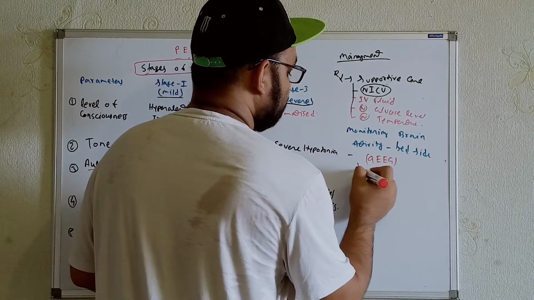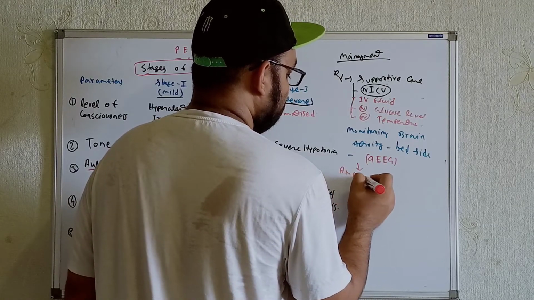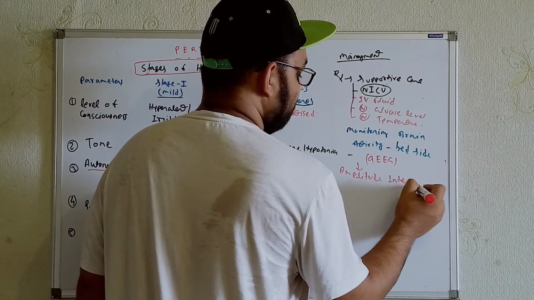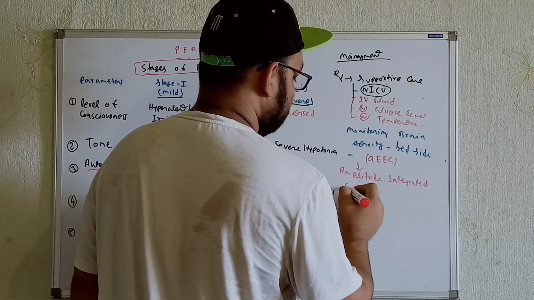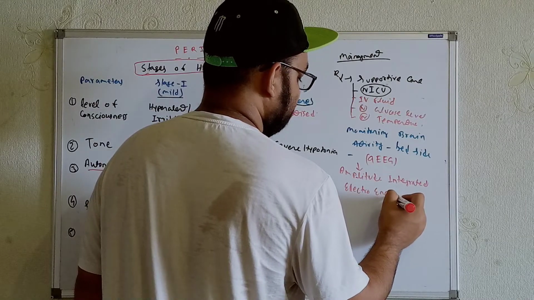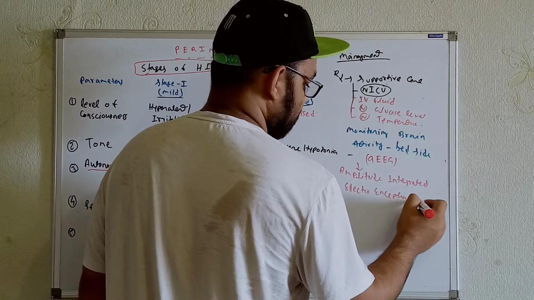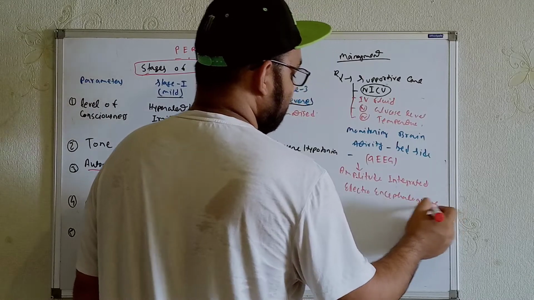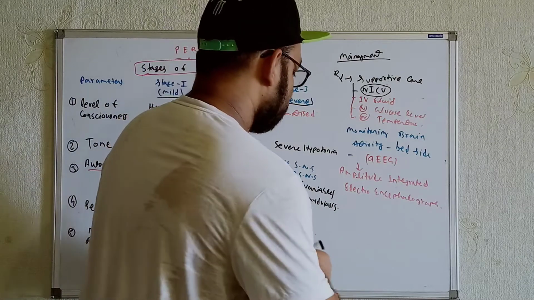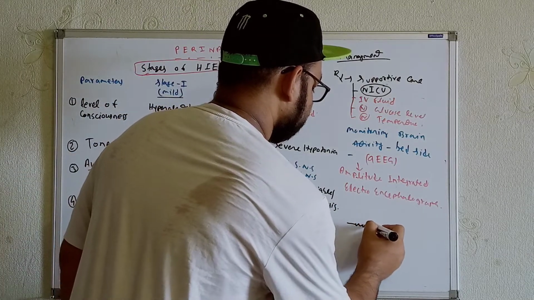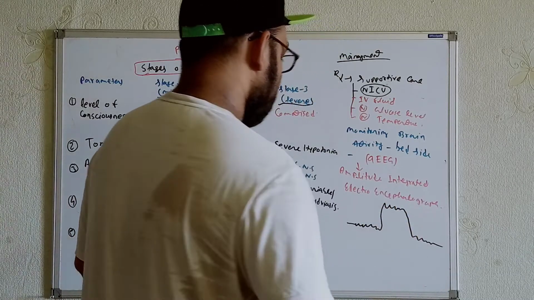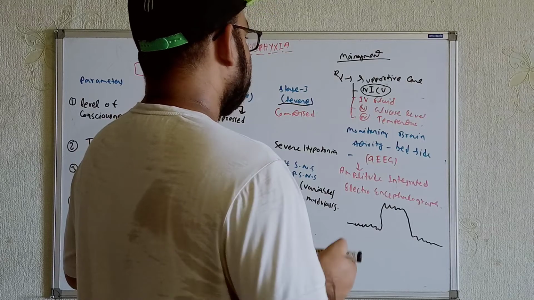What can we use? We can use amplitude integrated electroencephalography. You can use these things. Then you can monitor the activities going on within the brain. So maybe sometimes, whenever the seizure comes again, it will come back to normal, so you can see. Okay. So we can use this type of thing in terms of the supportive care.